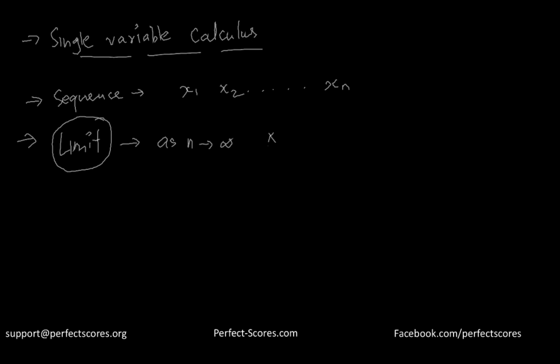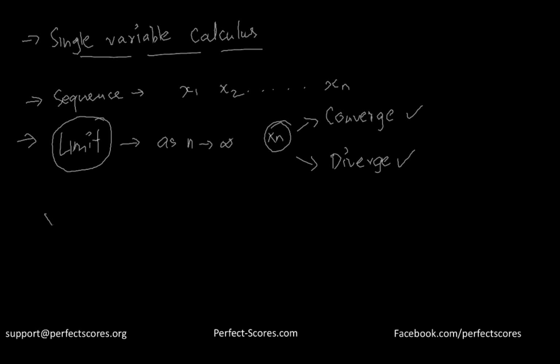As n approaches infinity, what is going to happen to xn? Is it going to converge to a constant, or is it going to keep on diverging? We have to find out whether a sequence is converging to a particular constant or is diverging away and away.